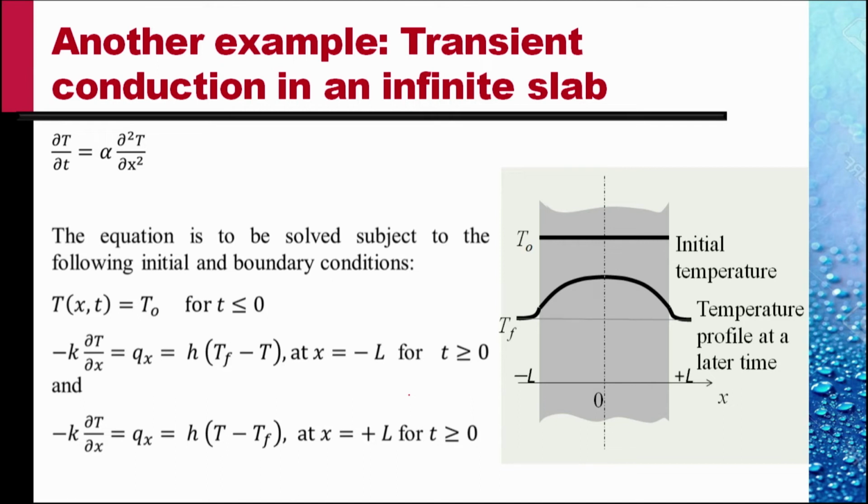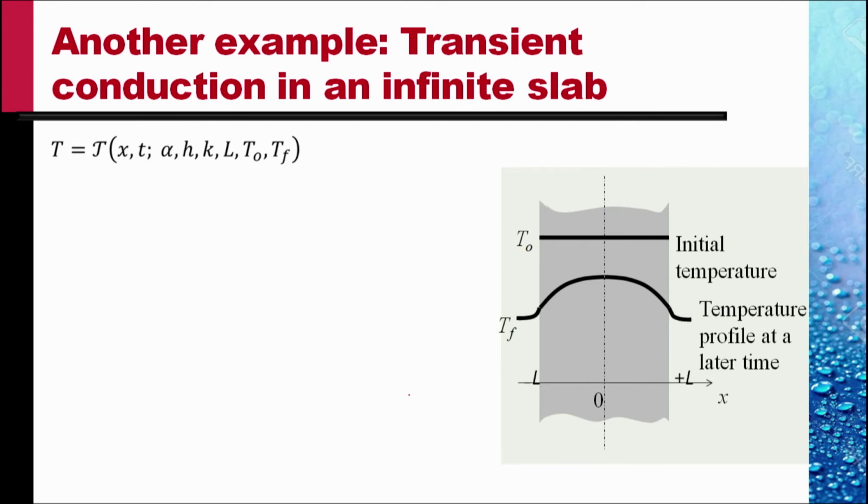And similarly for the right face of the slab. One initial condition and two boundary conditions. So temperature T would be a function of x and t, the independent variables, and alpha, h, k, L, T naught, and Tf, the list of independent parameters, the uniquity parameters.